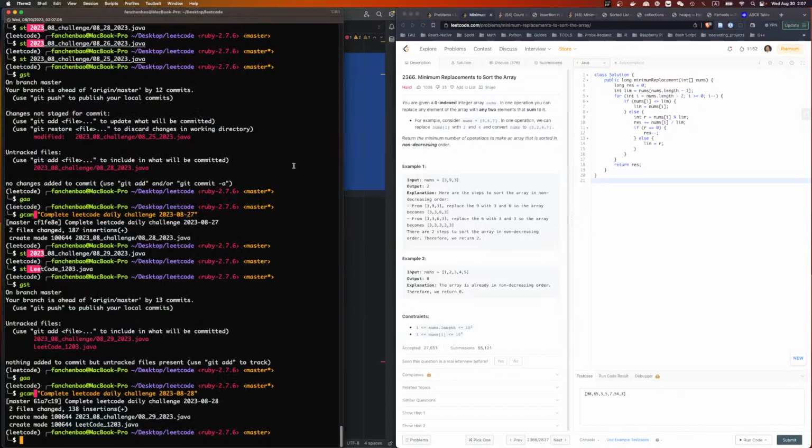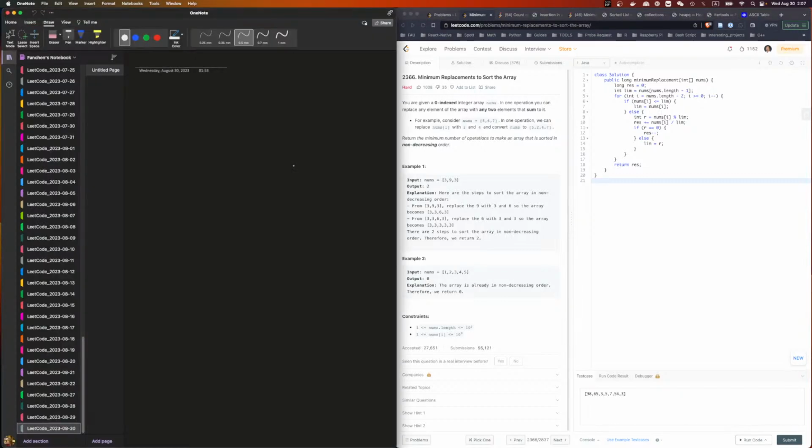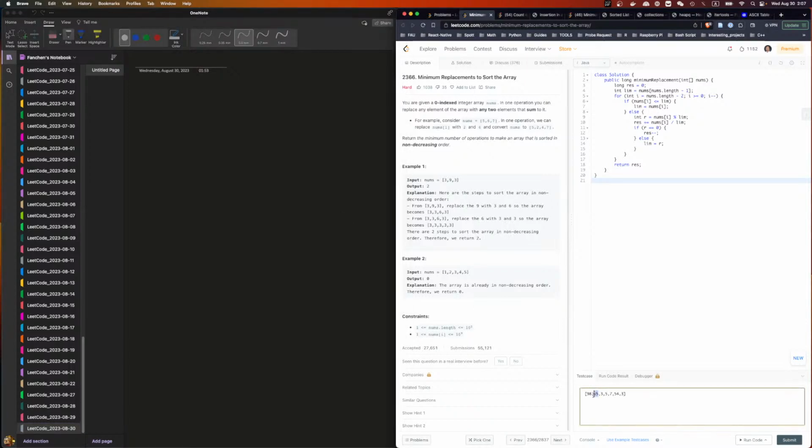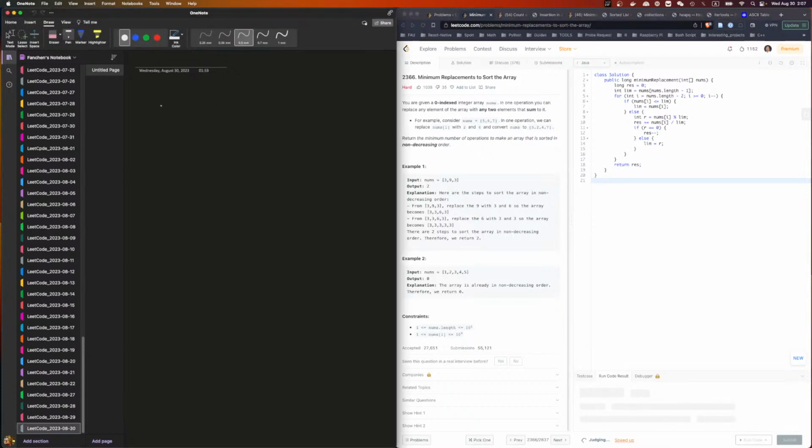Let's see how we are supposed to get this to work. Oh, I mean, in this case, probably I don't need this, right? I can remove this. I think it'll still work. Yep, 65, 3, 5, 7, 54, and 3.